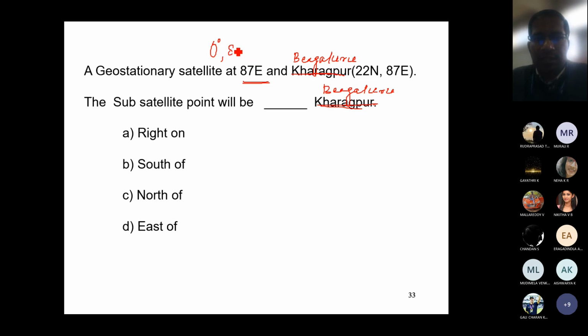The longitude is 87° east. So what is given, what is this coordinate about? It is the satellite coordinate. In other words, this is the coordinate of the sub-satellite point. Getting the point?